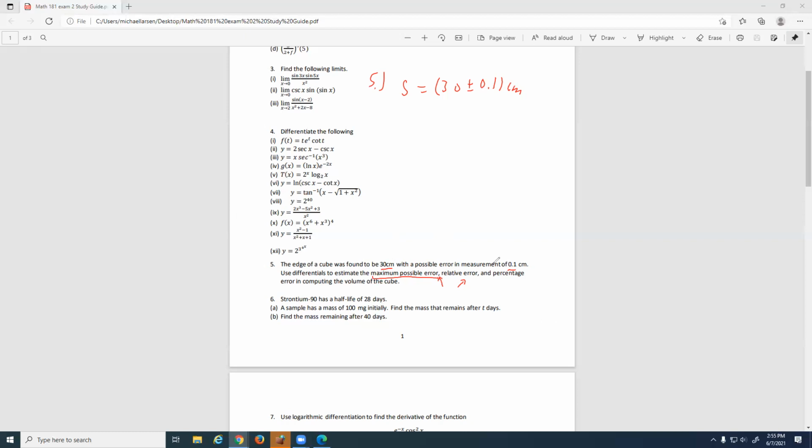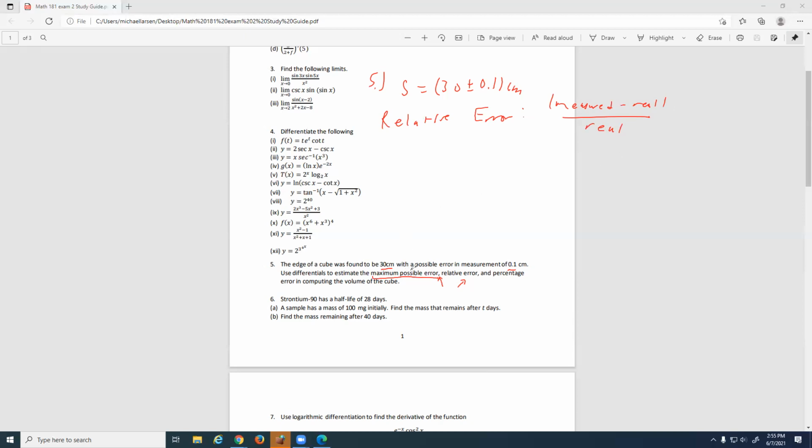For relative error, I found a formula that's, I guess more in a science sense, measured minus real over real, and then for the percent error we just multiply this by 100.